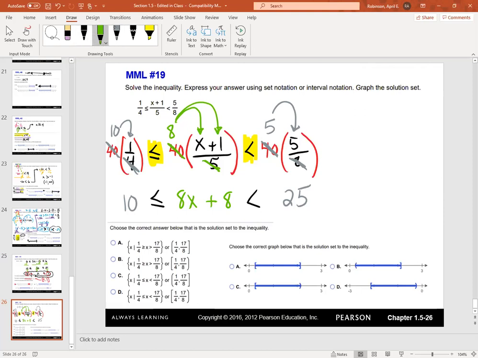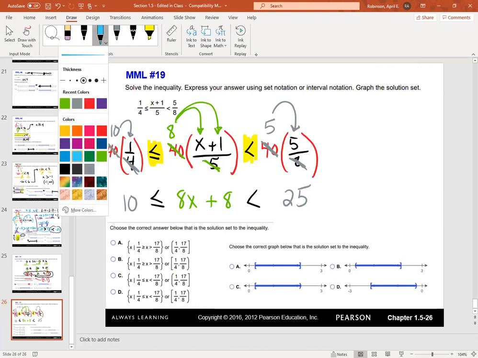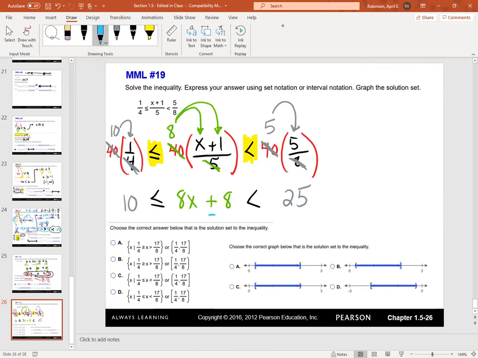So let me pick another color. How about blue? So I'm going to subtract 8 from the middle so that that happens. But I got to subtract 8 from the left end and subtract 8 from the right end. So follow me. Come over here.